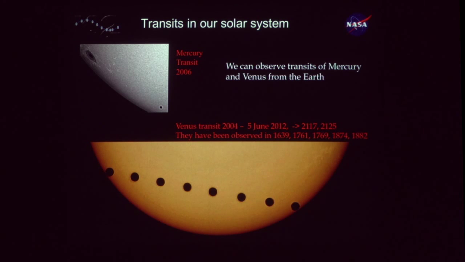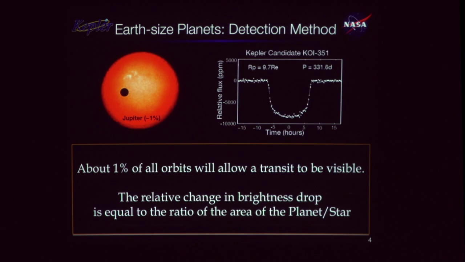Kepler does not see that. It just sees the combination of the light of the planet and the sun. All it sees is a dip in brightness when the planet transits in front of it. So here is, say, a Jupiter transiting that star, and when it does so, you see a dip in brightness.